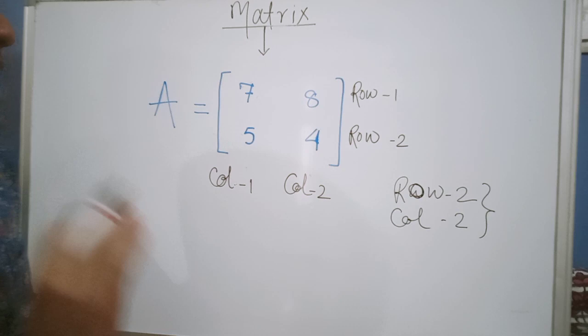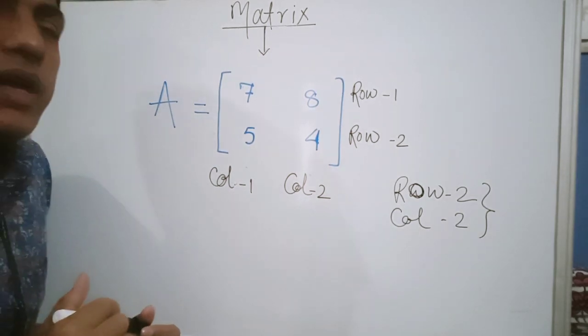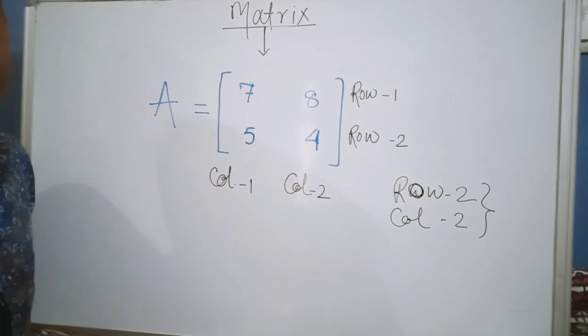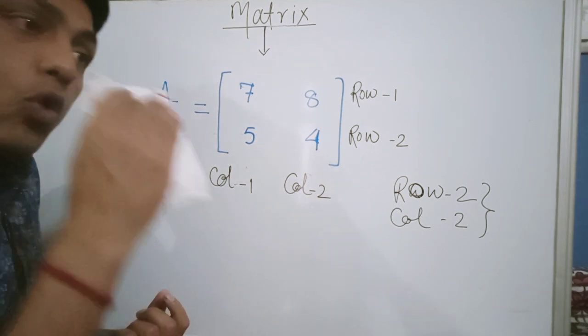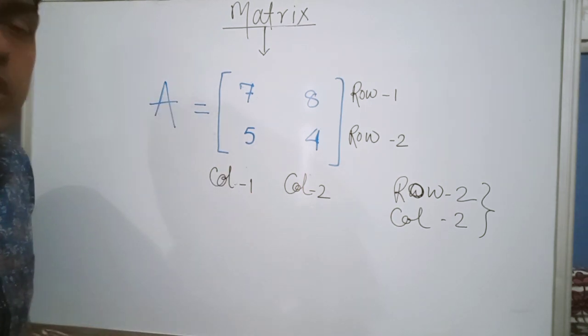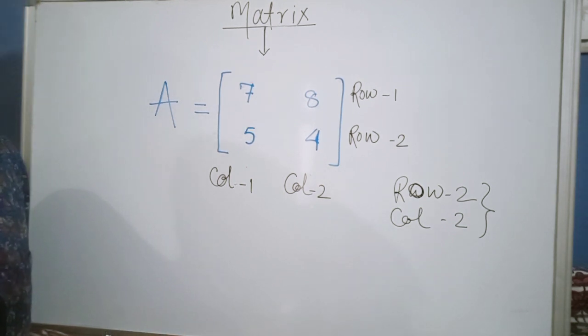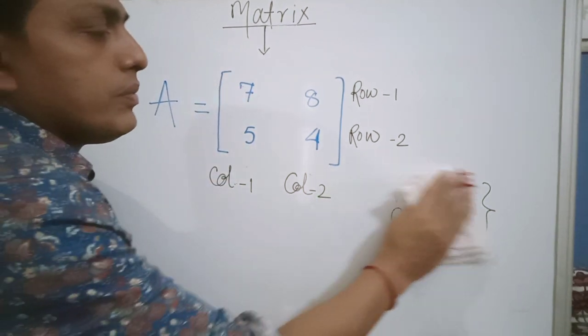That's why I have started with our maximum rows and maximum columns according to the syllabus. Alright? Now, how many minimum rows and minimum columns can be used? And how many maximum rows and columns can be used? That I am going to explain through the example.